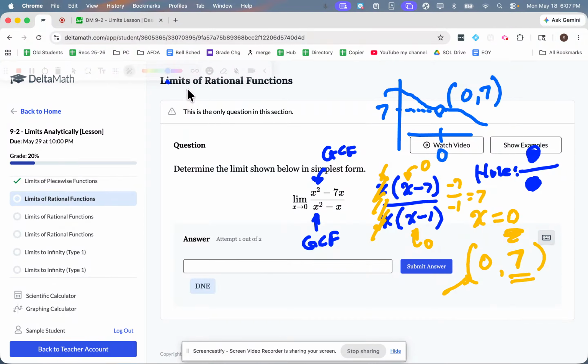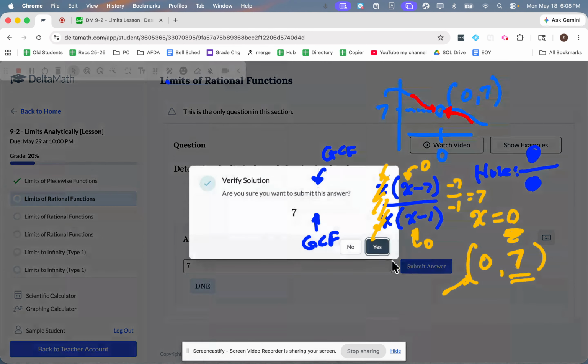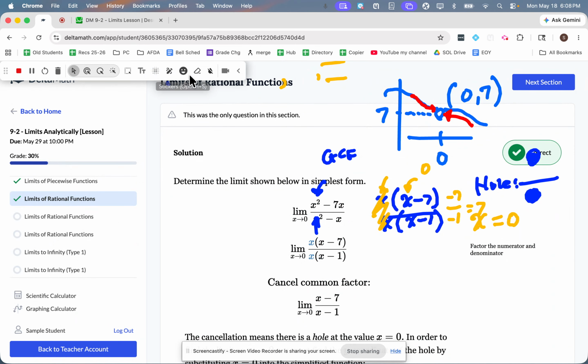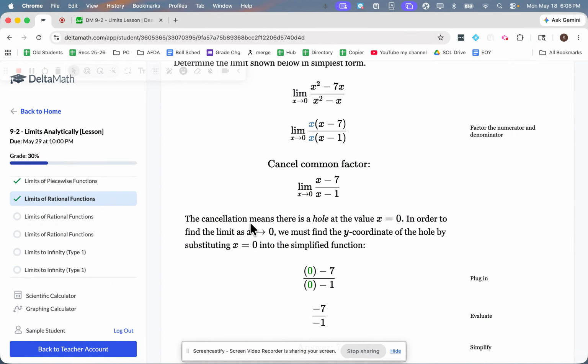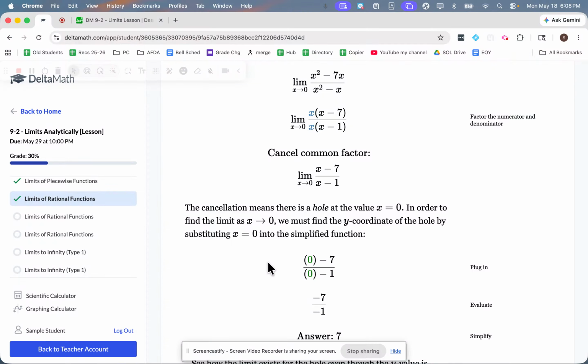And remember, when the limits from the left and the right-hand side are approaching the same value, the limit is that value. Doesn't matter what it looks like when it gets there, because when it gets there, the function isn't defined. Limits don't care. Factor, cancel common factor. There is a hole at the value of x equals 0. So you must find the y coordinate of the hole, which we did.